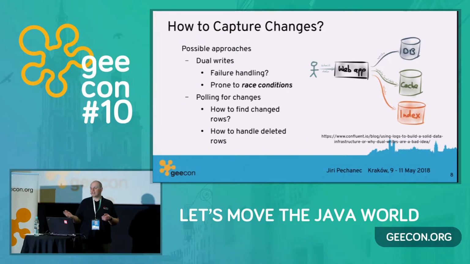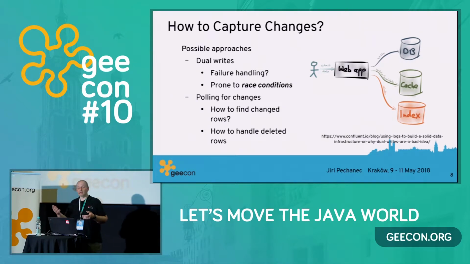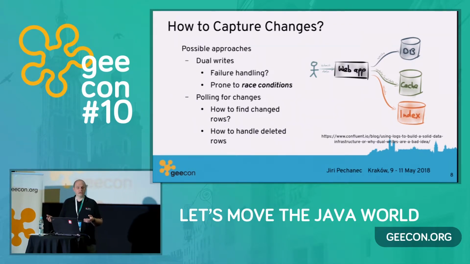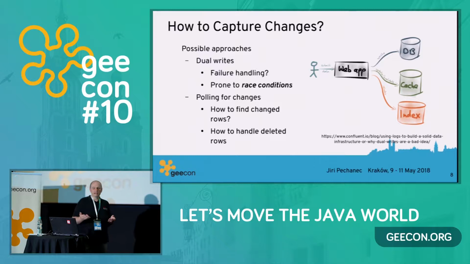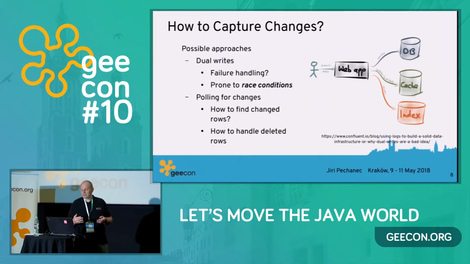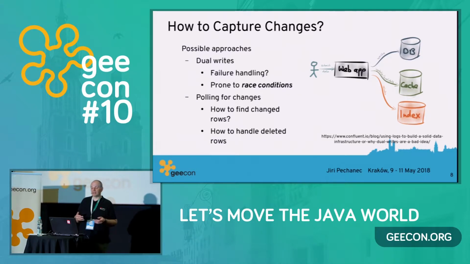In these days, it's definitely not popular to use two-phase commits for such a scenario. So how would you handle a situation when you write data into the database, and then there will be a failure when you try to write data to the cache? This is something that you need to somehow handle, and again, it's not cheap, and it's definitely complex.